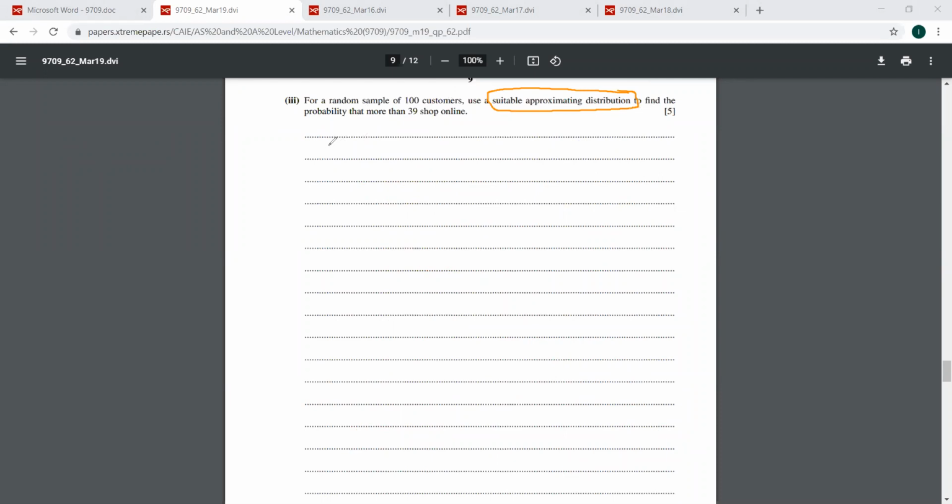Okay, so now again we will say, let X be binomially distributed with 100 as n, and then again, shopping online is being discussed, so we'll write 0.35, the probability for shopping online.